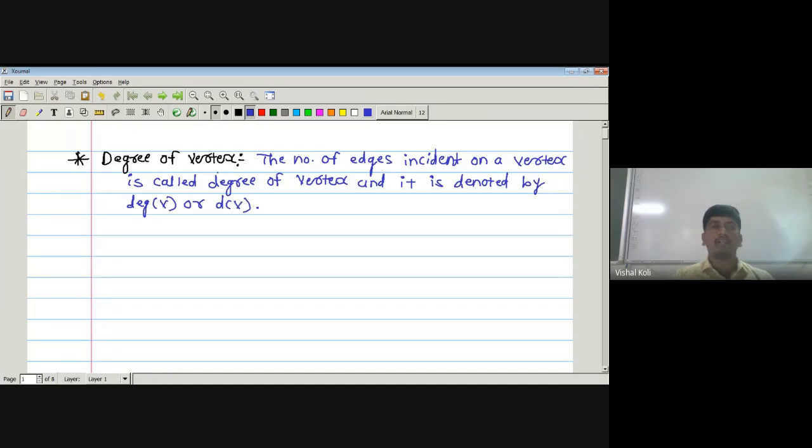So what is the degree of a vertex? Suppose V is any particular vertex of a graph G. Then how do we find its degree?